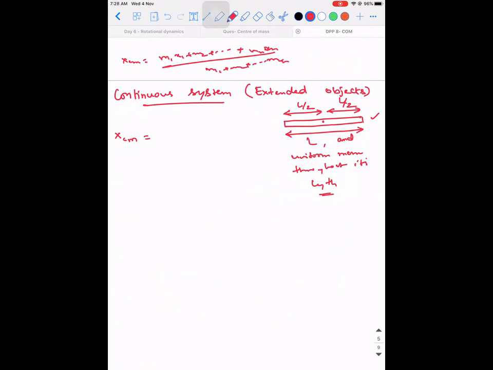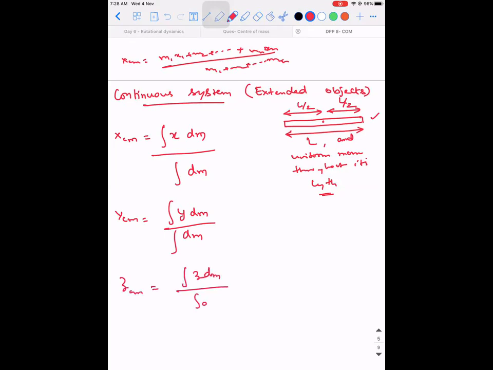Instead of m1x1, you will integrate x with respect to dm, divided by the integral of dm, because the integral of dm is going to give you the total mass. Similarly, what will be the y coordinate of center of mass, guys? Integral of y dm divided by integral of dm. Z coordinate of center of mass will be integral of z dm divided by integral of dm.